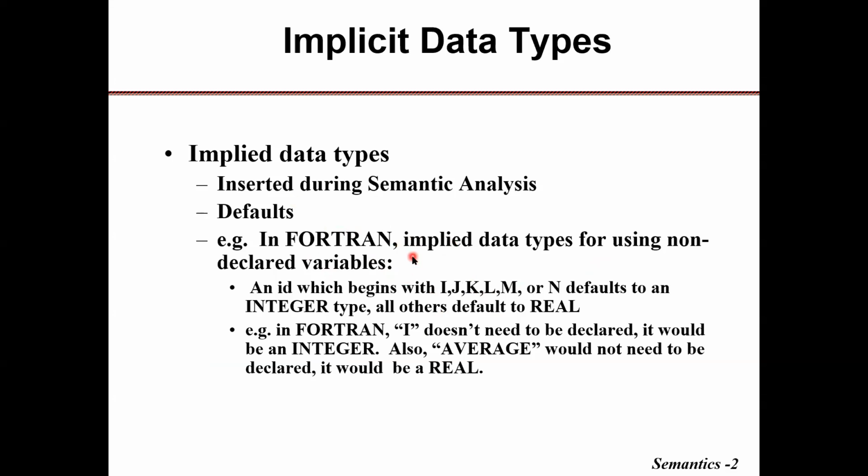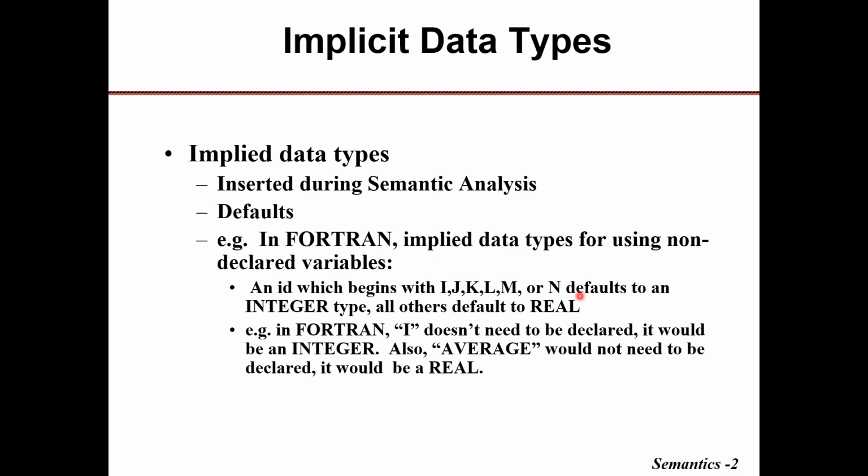Certainly some other languages have more complicated rules, like Python, which has implicit data typing as well. It's a little bit more advanced, actually less structured than Fortran, so you have to be very careful with this. But Fortran is very clear. In Fortran, any ID whose name begins with these letters is going to default to an integer type. All others will default to a real type.